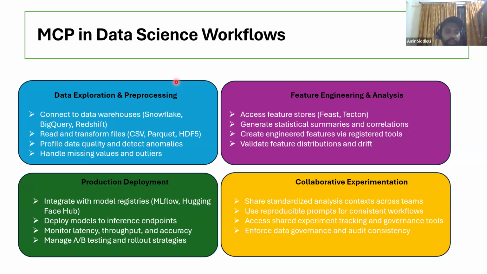There can be different file formats here. It can also profile data quality and detect anomalies. You can write some data quality rules to do the data quality checks. For example, you want to check for missing values, or maybe you want to see if there are some junk values in a column. So you can do the data profiling, and you can also detect anomalies if there are any in the data.